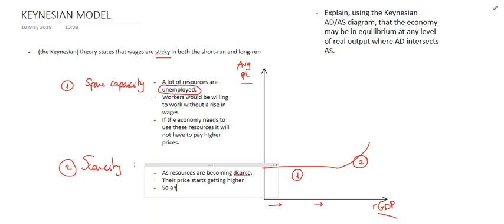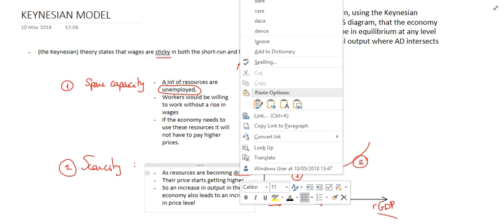So an increase in output in the economy also leads to an increase in price level.